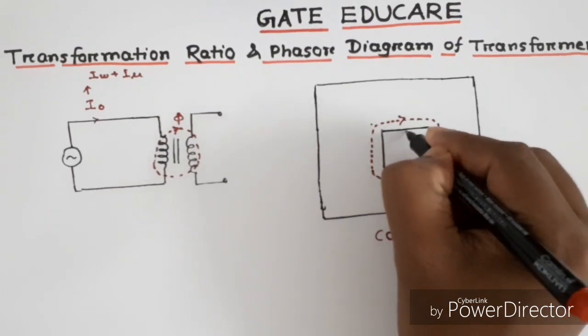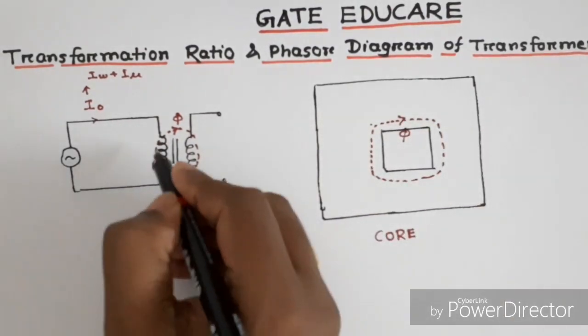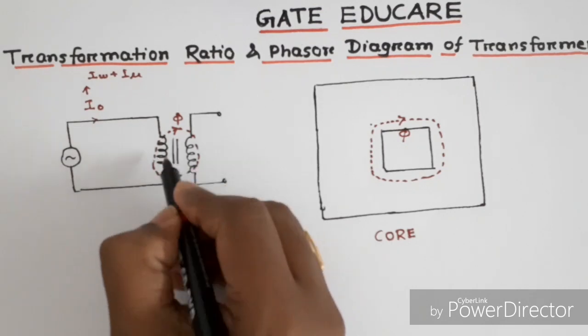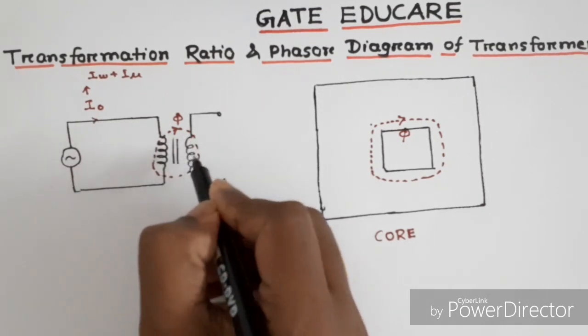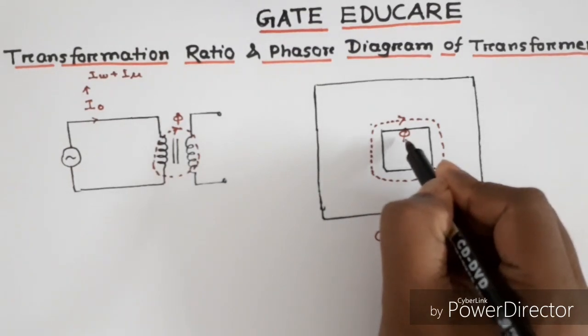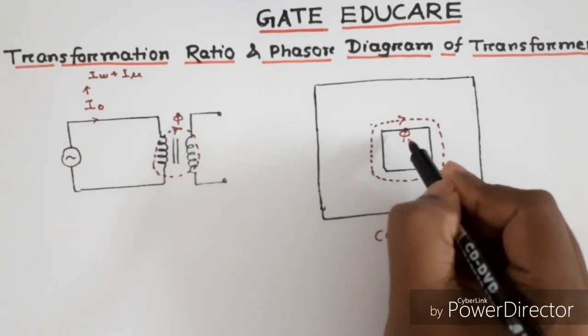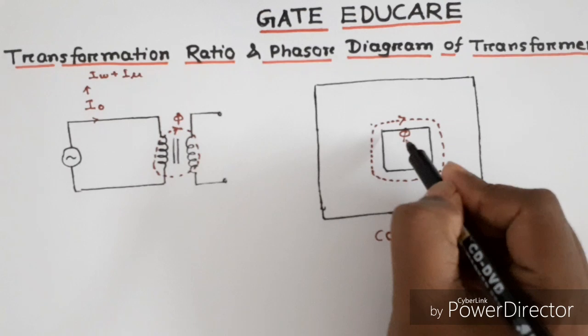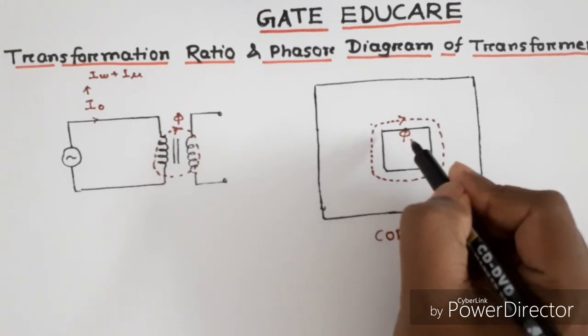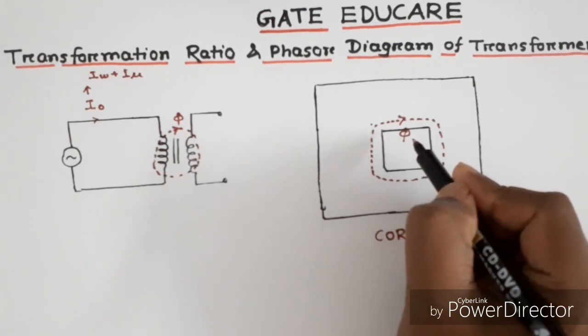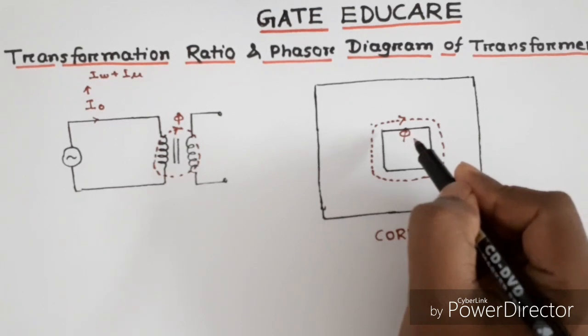This is the flux phi, and this flux links both the primary as well as the secondary winding. This flux is called the working flux or mutual flux. Regarding working flux and mutual flux, in the equivalent circuit of transformer part 3 class it has been discussed very clearly. If you have any doubts, please go through that video. Link will be given in the description box also.